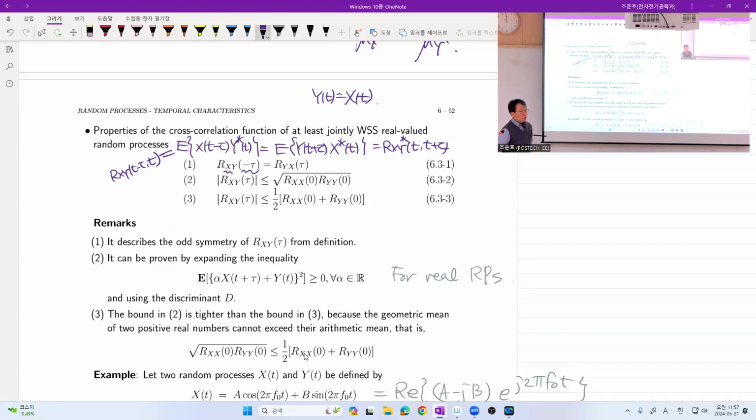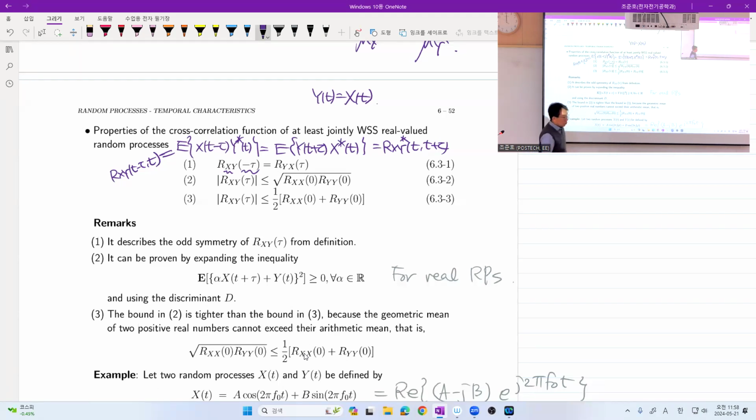So without wide-sense stationarity and realness of x and y, we can say not much. However, if we assume they are real and jointly WSS, then this becomes a function only of tau, which can be said to be Rxy of negative tau. And here we have Ryx of tau. So we have equality. Got it?